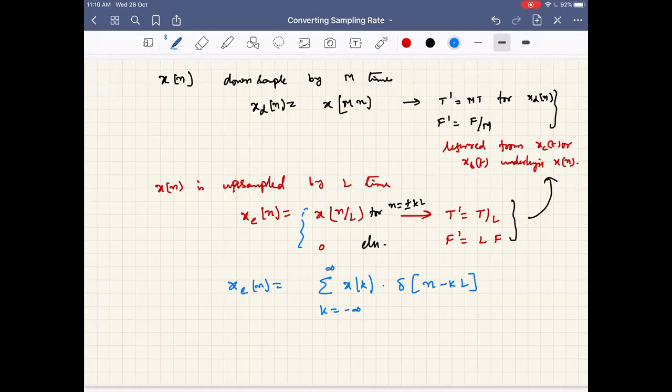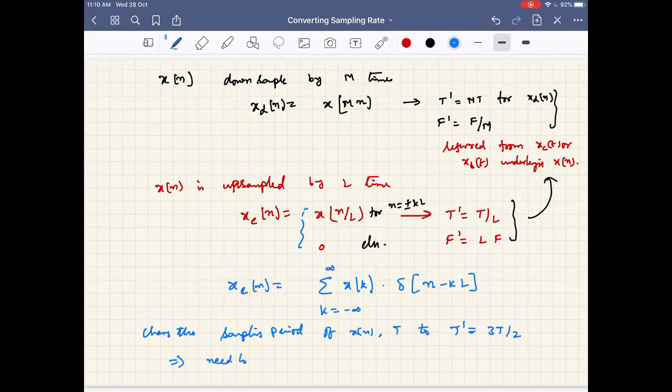Sometimes we may also wish to do both downsampling and upsampling together. Say the problem is to change the sampling period of x of n from t to t dash, where t dash is equal to 3t by 2.